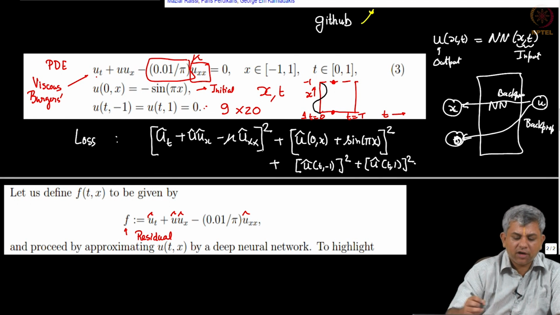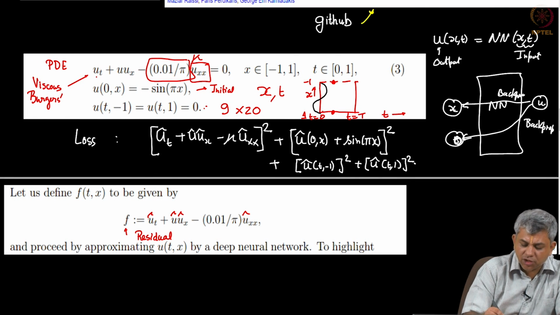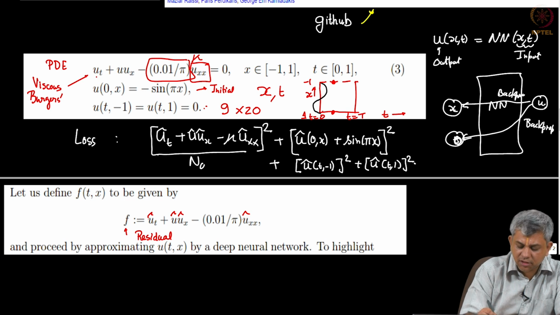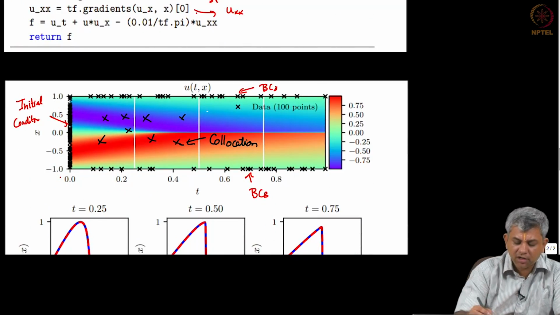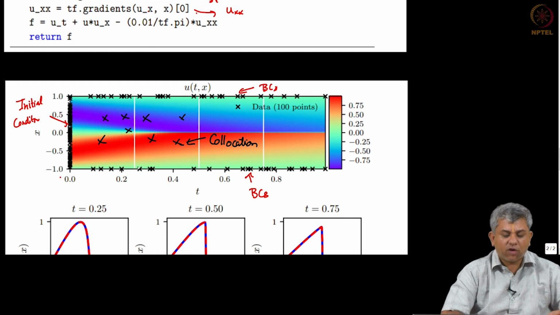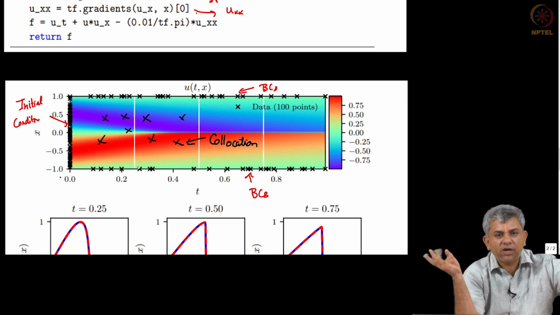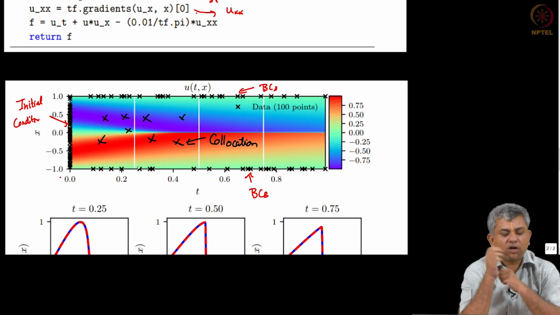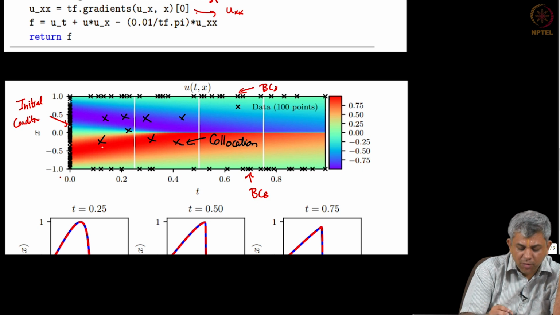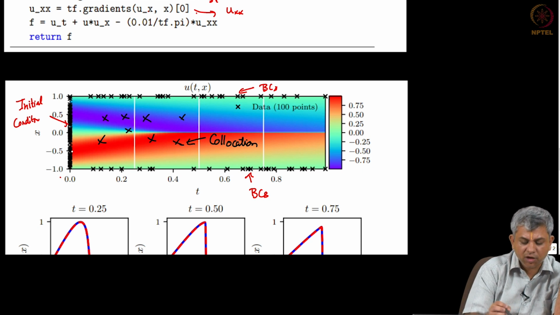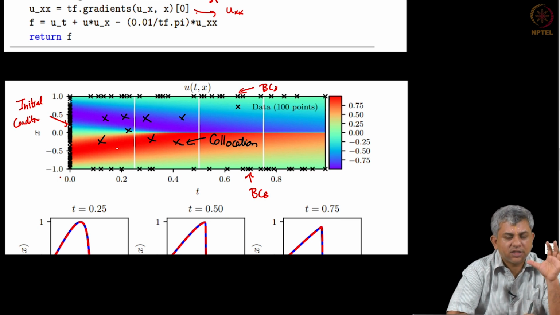Now, one other point of detail, you want to make sure that you take mean loss. Obviously, if you have lots and lots of points on the inside and only a few points on the boundary, you will get a lot of loss from inside the domain and only very little from the boundary. In order to avoid that, what they have done is to take the mean of the loss of these points separately, and once you do that, it is a little bit balanced.